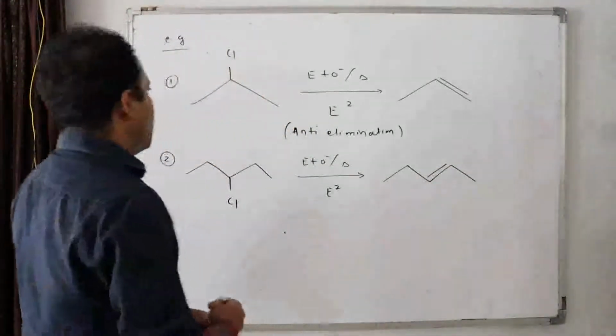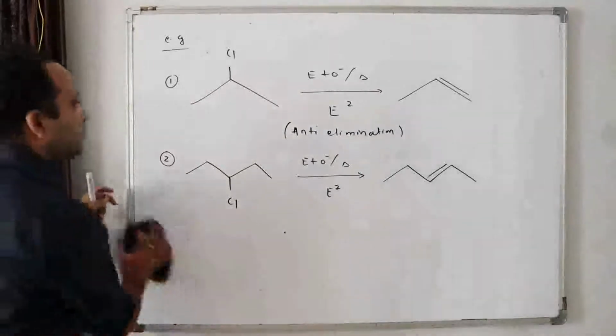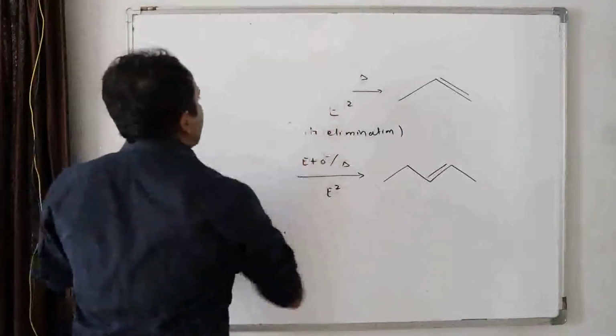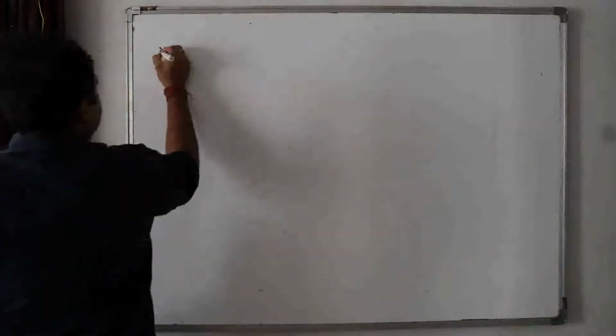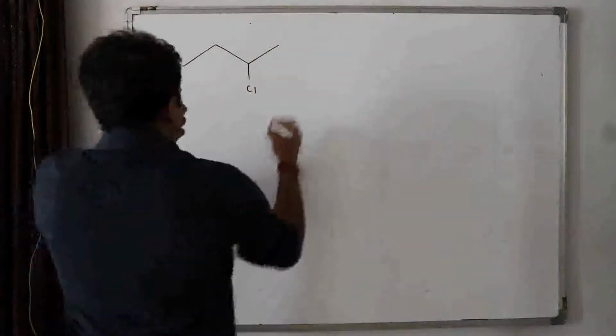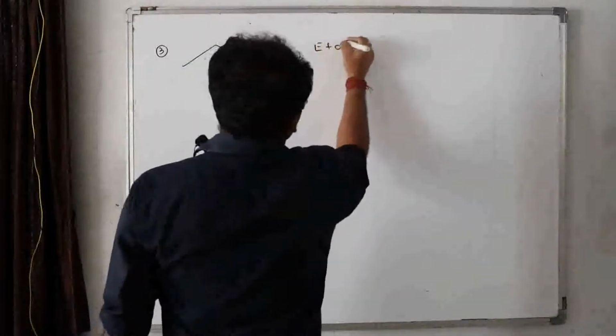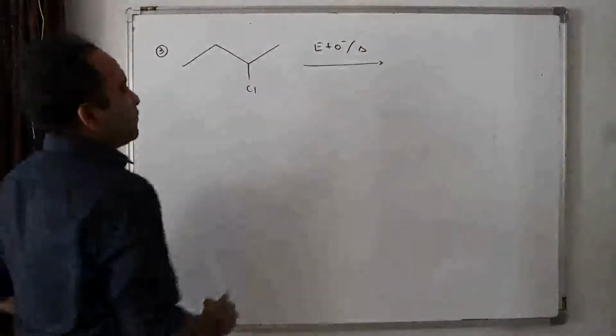Okay. Next, third example. What is the third example? Cl, EtO minus, heated. Clear? What will happen?